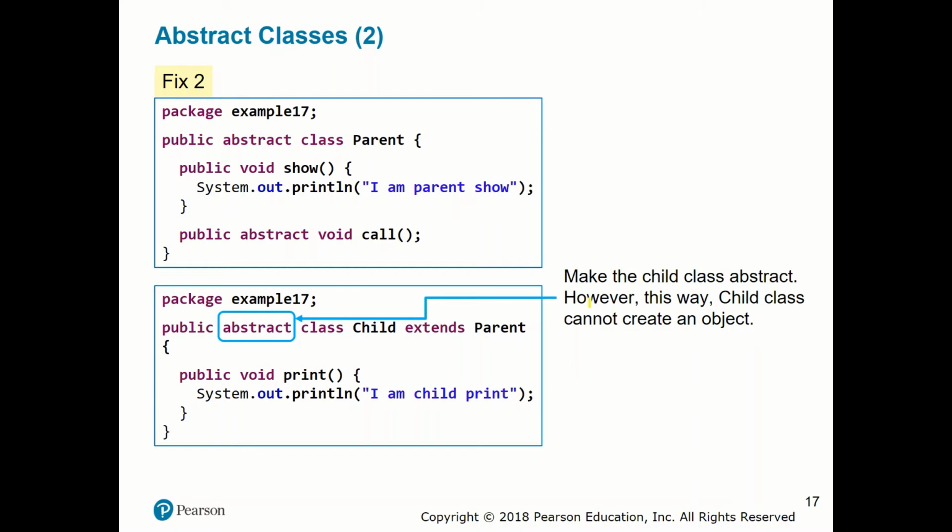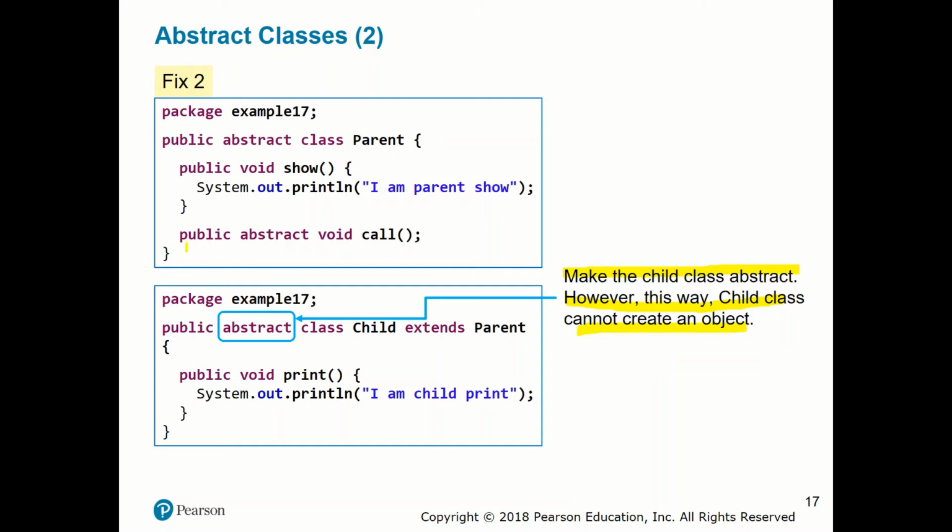And fix number 2. This time we can make the child class abstract. However, if we declare the child class as abstract, then the child class cannot create an object. But anyway, if we do this, then the compile error will disappear.